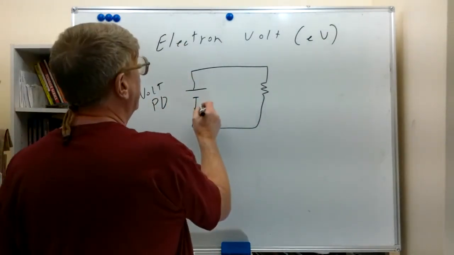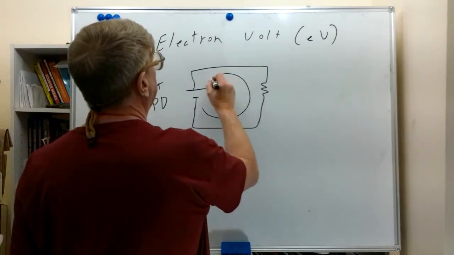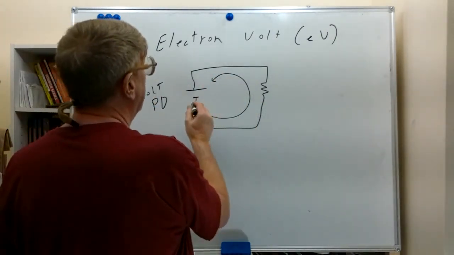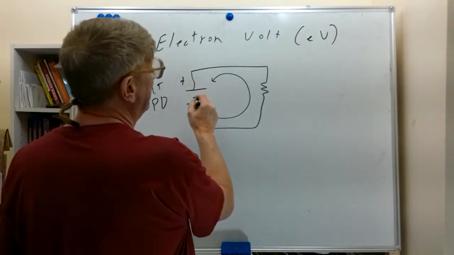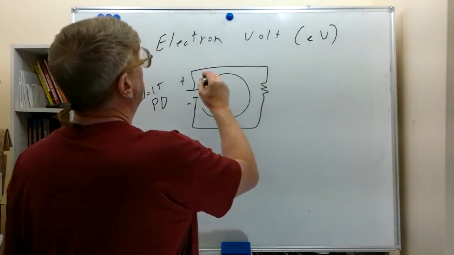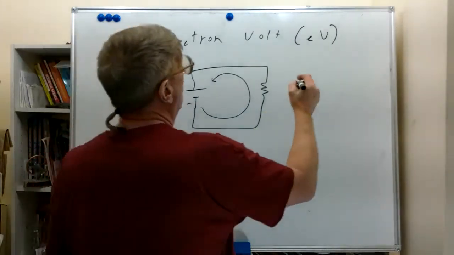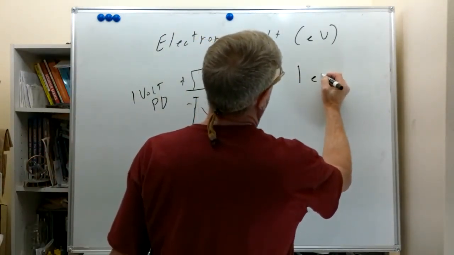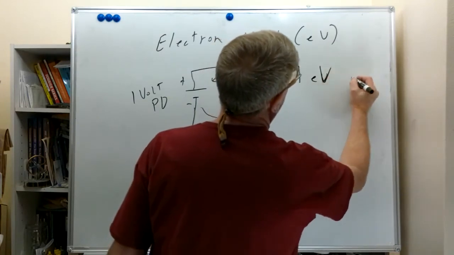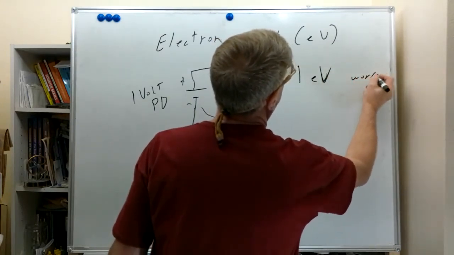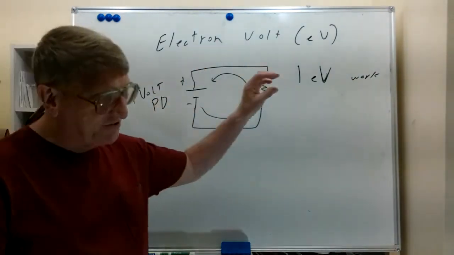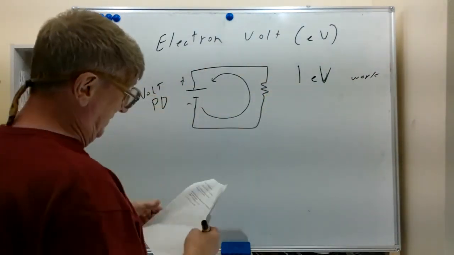If we make 1 electron, a single electron, make that path from this side of that 1 volt potential difference to the other side, we will have done 1 electron volt of work. We often use volts for potential difference, but electron volt is an amount of work. It is not a potential difference.